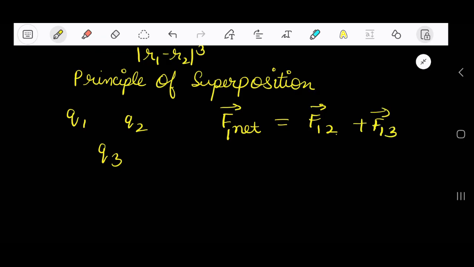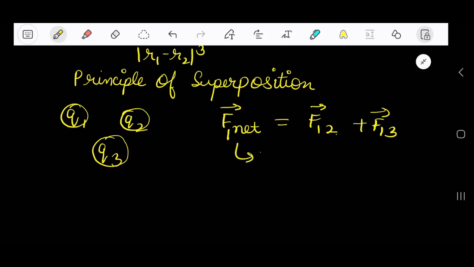So we can say that the net force experienced by any charge, either it will be 1, 2, 3 or nth charge, that will be the vector sum of the forces acting on it due to the rest of charges of the group.